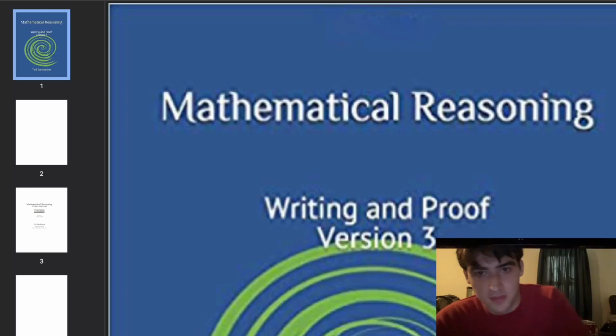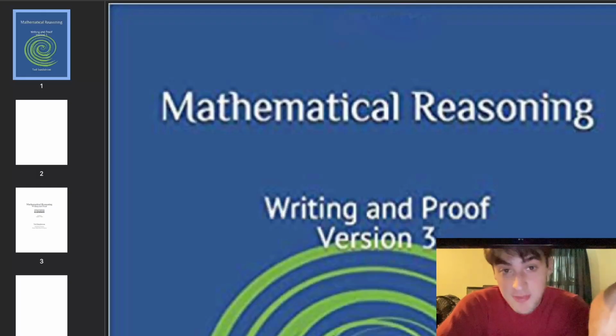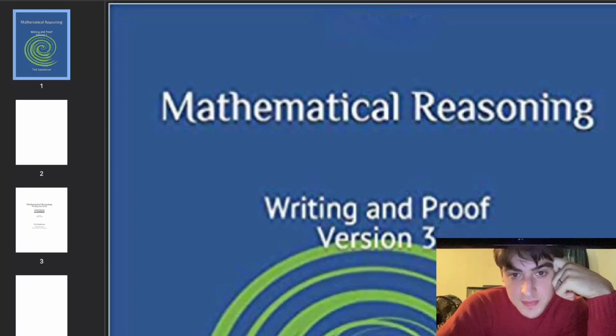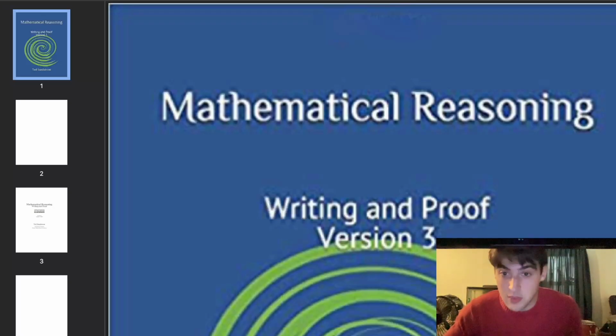On to the math. So I've got this textbook called Mathematical Reasoning. And it's supposed to go into exactly what I'm talking about. Why does all this work? At least a little.